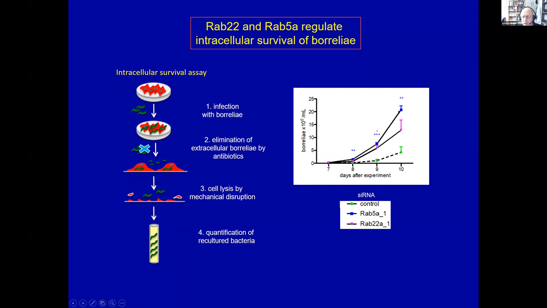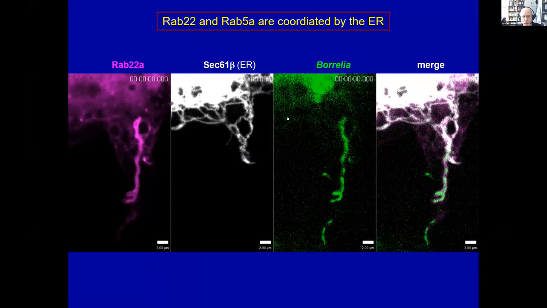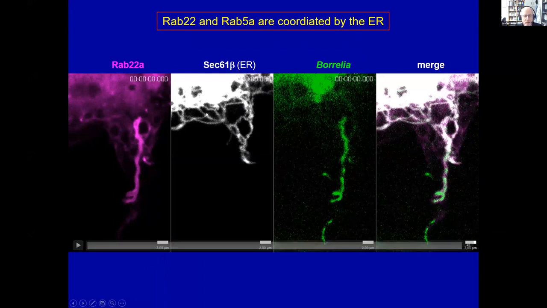So that means, again, these two RAP GDPases are not only necessary for the lytic machinery to be recruited to the Borrelia phagosomes, but this actually also results in better survival of the Borrelia, of the spirochetes, if you actually deplete these GDPases.